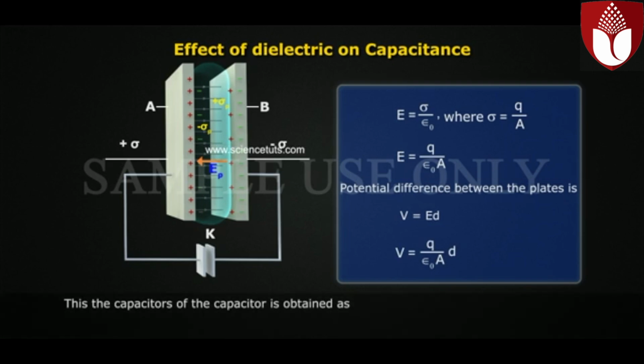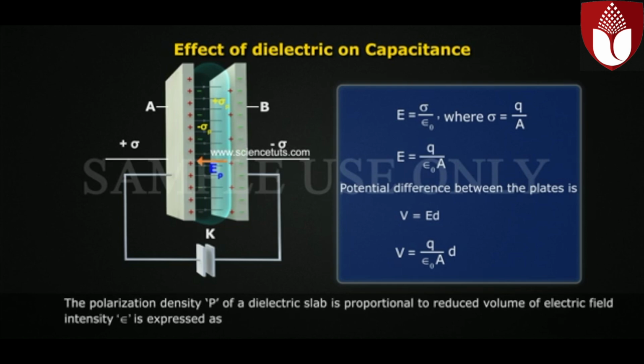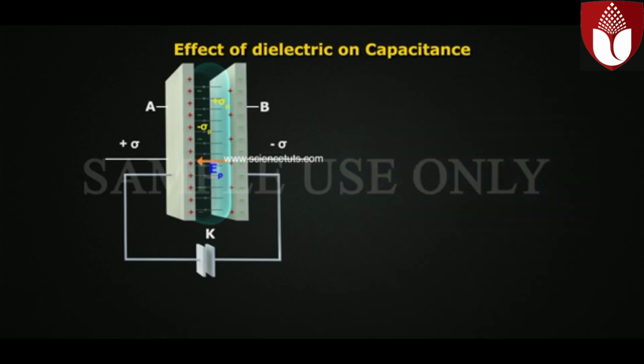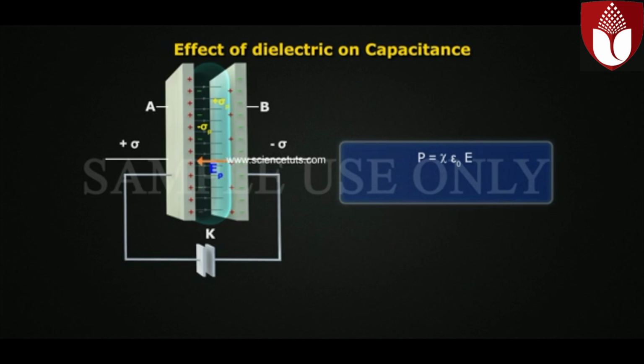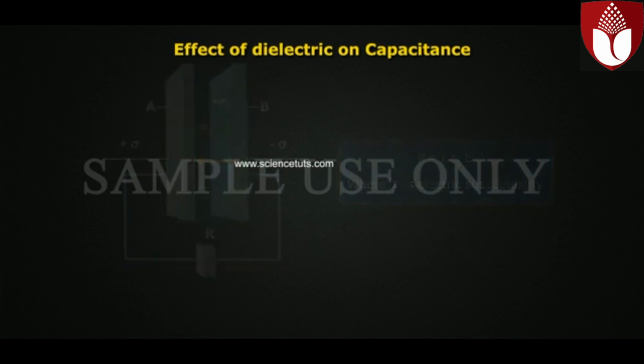The capacitance of the capacitor is obtained as follows. The polarization density P of a dielectric slab is proportional to the reduced electric field intensity E, expressed as P equals chi epsilon naught E, where chi is the electric susceptibility.